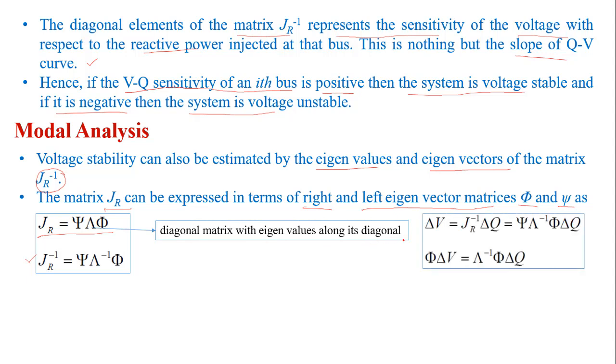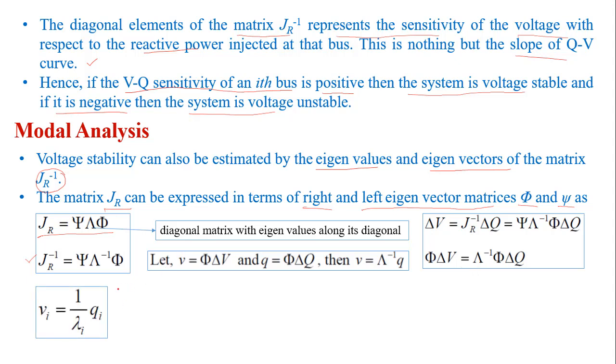So I can write delta V equal to JR inverse delta Q, which is equal to psi, modal matrix inverse, phi, into delta Q. If I multiply by the right eigenvector on both sides, I can write phi delta V equal to the modal matrix inverse, phi delta Q. So if I take small v equal to phi delta V and small q equal to phi delta Q, I can write it as Vi equal to 1 by lambda i Qi, because the modal matrix is a diagonal matrix.